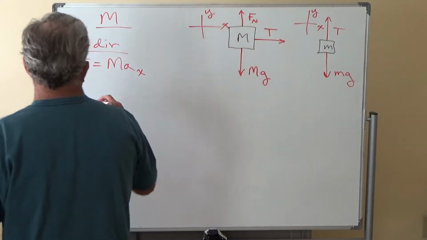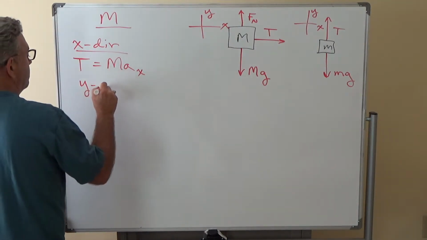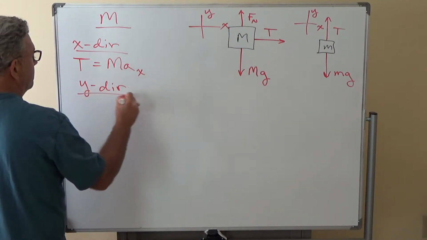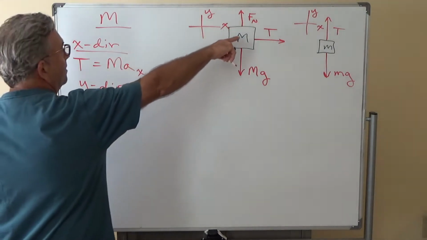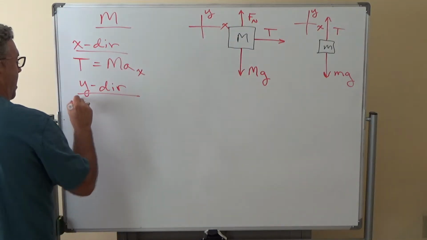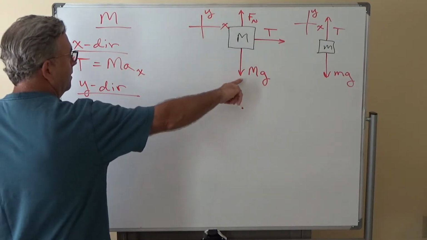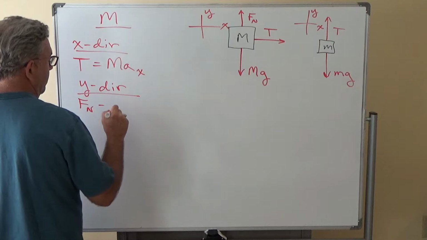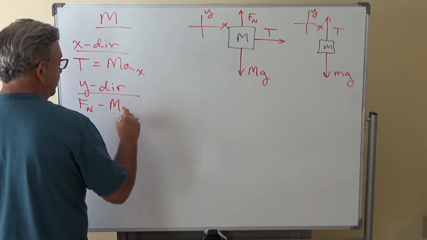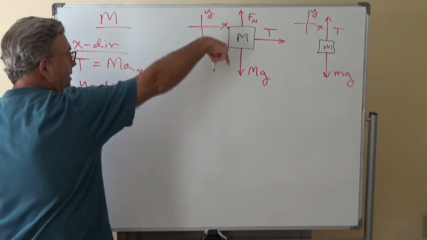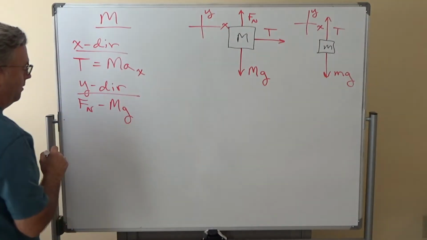For the Y direction, we have the normal force is positive. So I'm just summing up the forces. This is the gravitational force, that's negative. That's going down, that's in the negative Y direction.